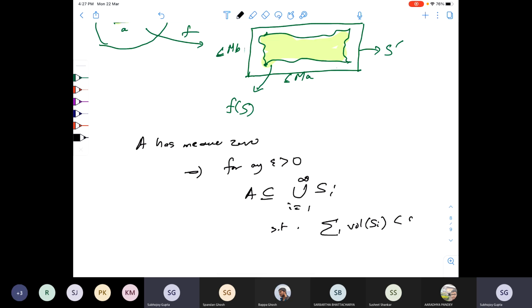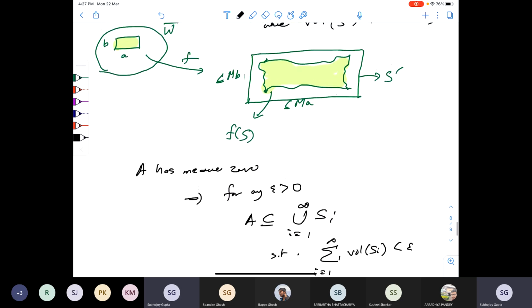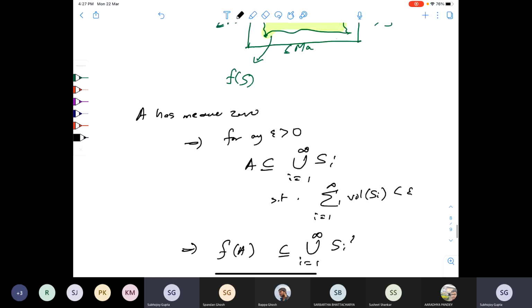By what we just discussed, this implies that f of A would be covered with these slightly bigger boxes, which I'll call S_i prime. This S prime is the bigger box that contains the image.